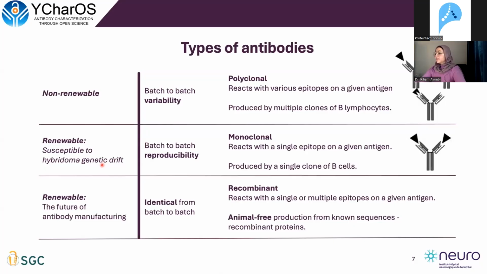This is why the third type of antibodies is emerging as a solution. Recombinants are animal-free products that result from sequencing and cloning of the antibody gene and can be produced indefinitely while maintaining batch-to-batch consistency.